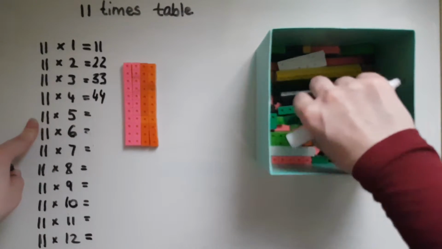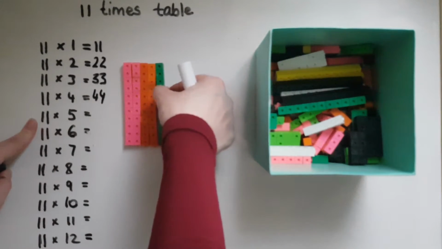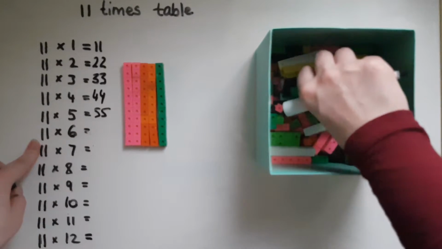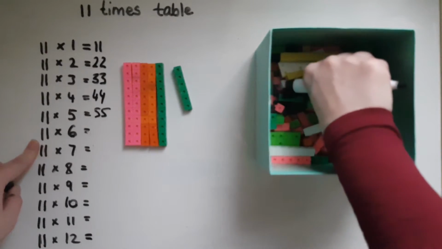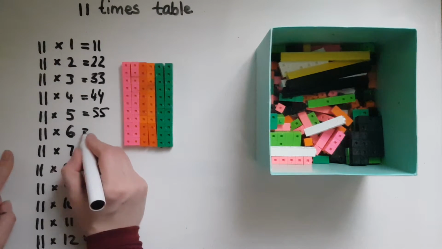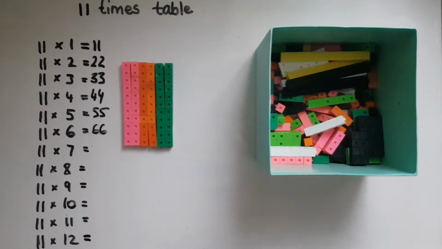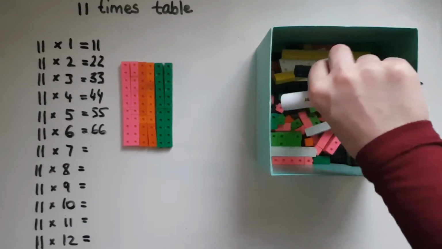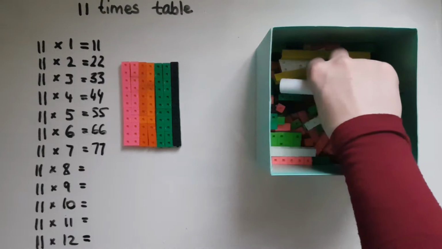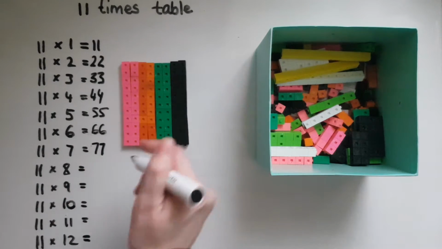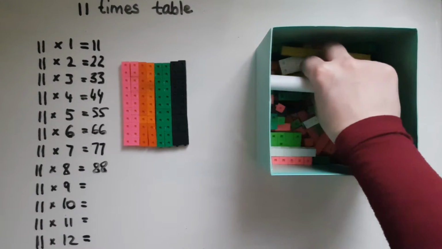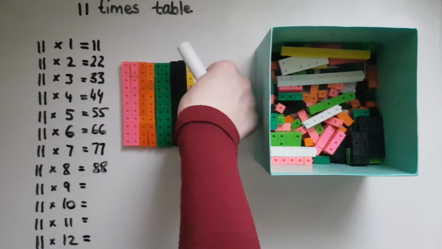11 times 5, which is 55. 11 times 6 makes 66. 11 times 7, 77. 11 times 8, 88. 11 times 9, 99.